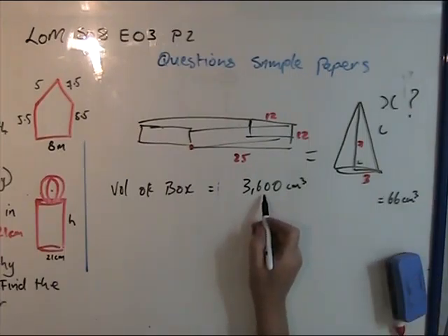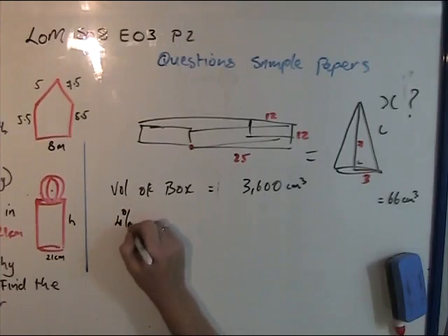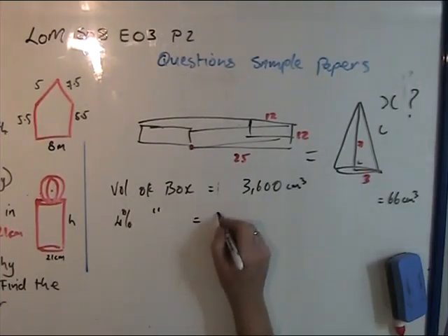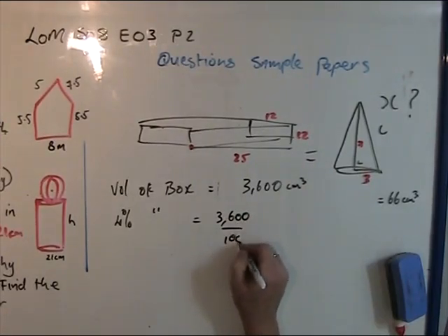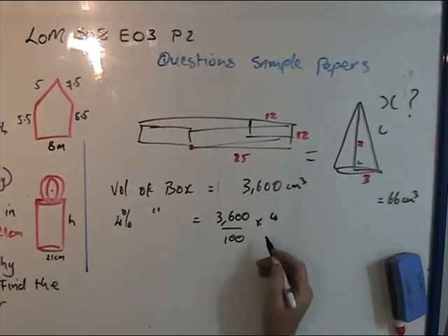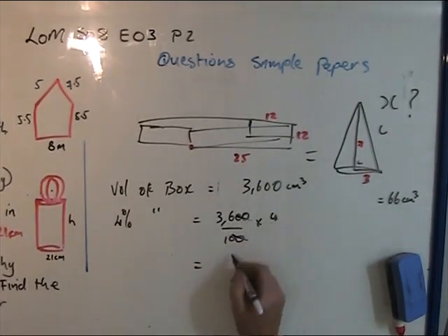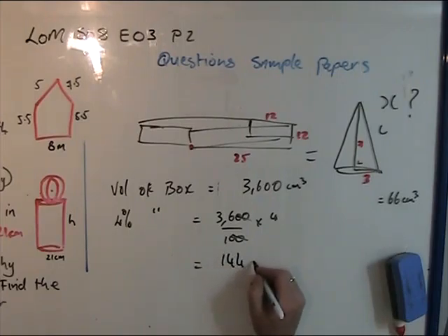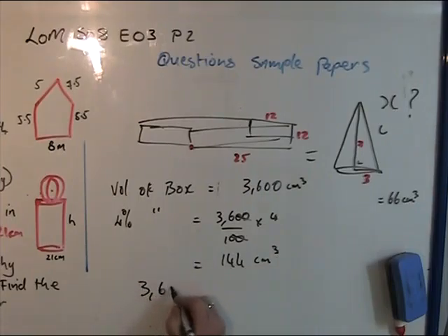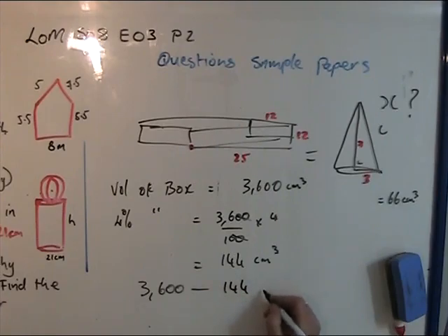So I have to get 4% of the volume of the box, that divided by 100 multiplied by 4, so I can get the remaining volume. 4 times 36 is equal to 144 centimeters cubed.